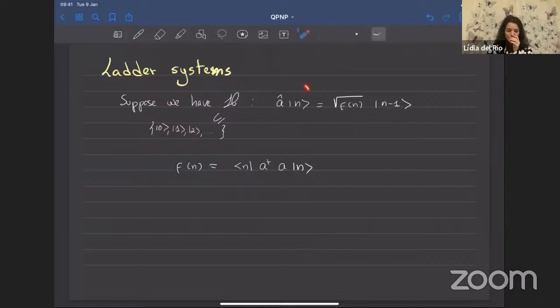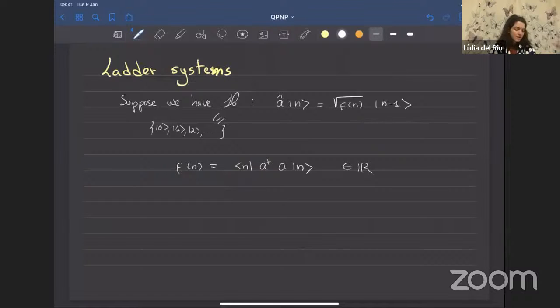So it's just related to the absolute value of this state here. Good. Okay. And we say that for now this is going to be a real number. To be determined. We don't care about it for now.